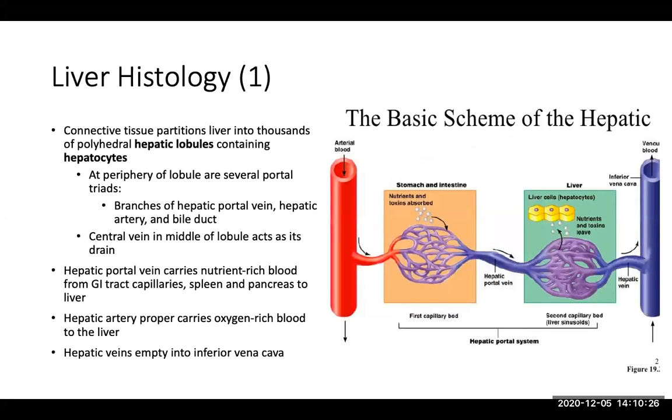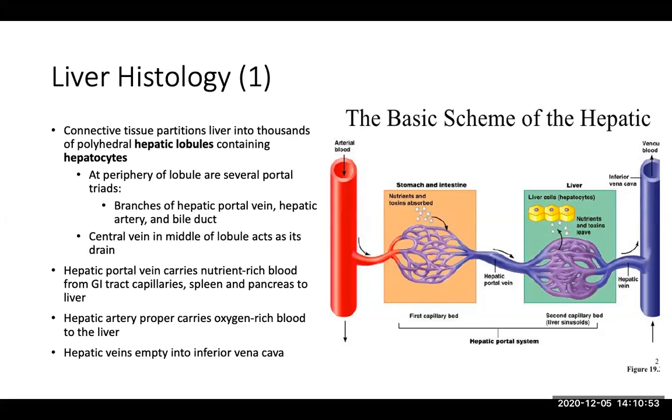The hepatic artery will bring oxygenated blood to the liver so that its cells can carry out their functions. The liver histology is made of connective tissue, which partitions the liver into thousands of polyhedral hepatic lobules, which contain hepatocytes or liver cells. At the periphery of the lobule are several portal triads, which include the hepatic portal vein, the hepatic artery, and the bile duct.